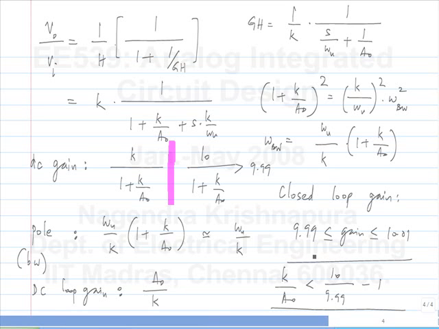So, the relative error in the DC gain is nothing but the reciprocal of the loop gain. So, if the relative error has to be 0.001, the loop gain has to be 1 over that, which is 1000. Okay. For this example, it is more than 1000. So, depending on your application, it can be 1000, it can be million, whatever.